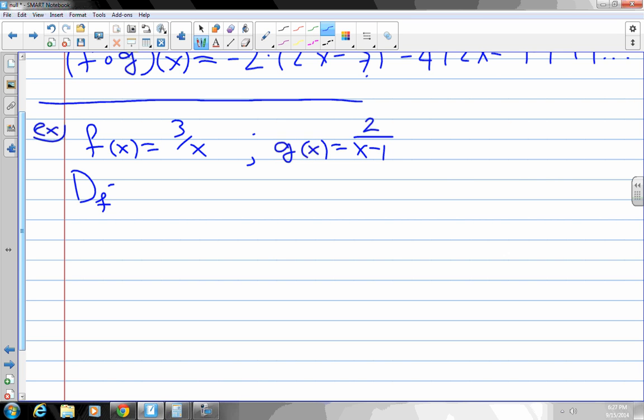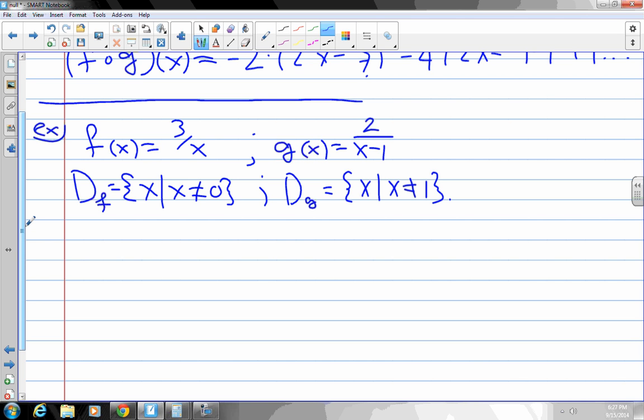Just the f function. Everything except for 0. All real numbers, so x does not equal 0, because you don't want to be dividing by 0. How about the domain of g? Everything except for 1. Okay? So we should be okay with that.